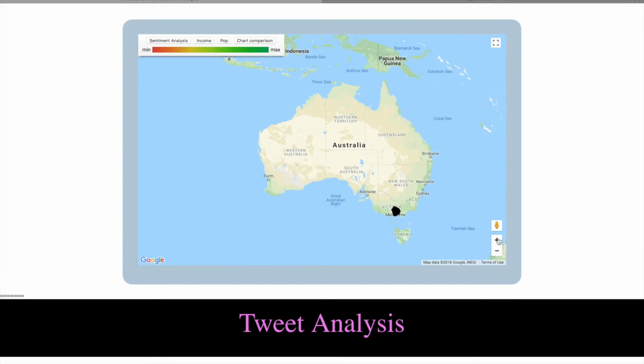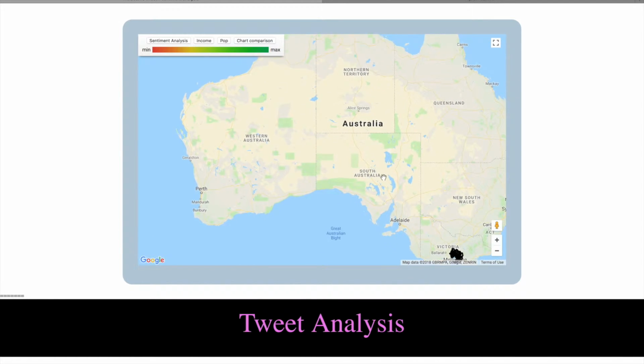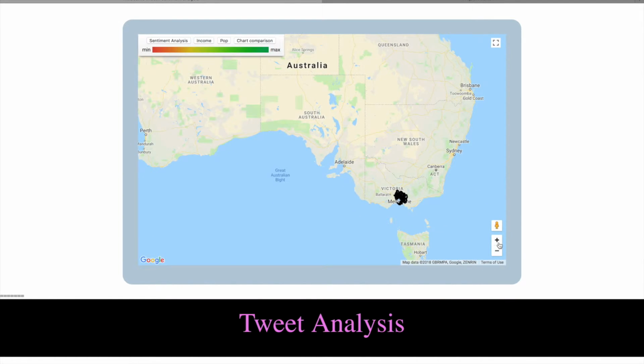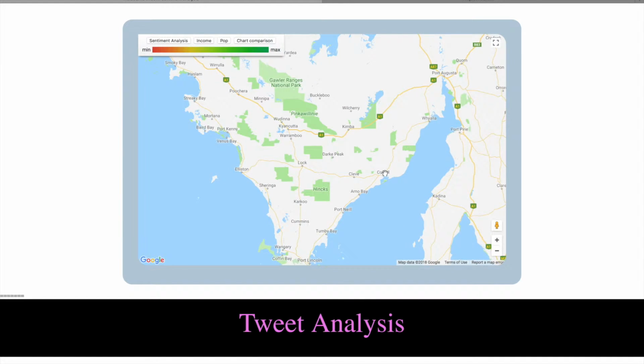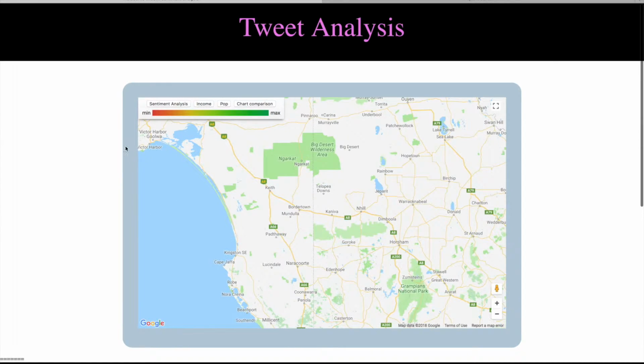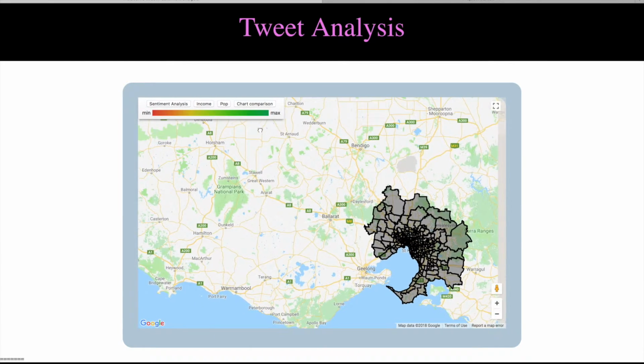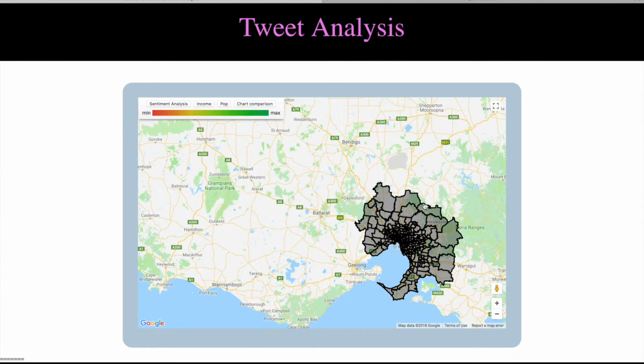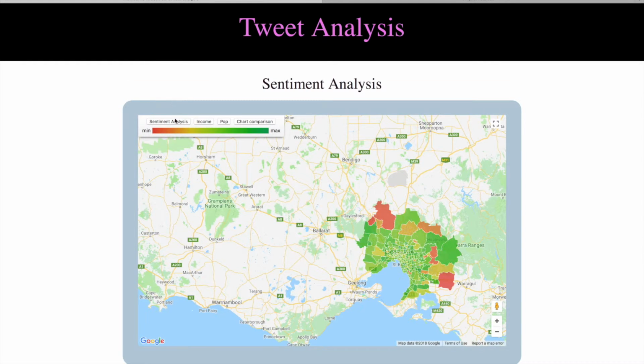Here is a map showing the suburbs of Melbourne. If you click sentiment analysis, you can see the suburbs are colored in different colors according to their sentiment analysis scores.